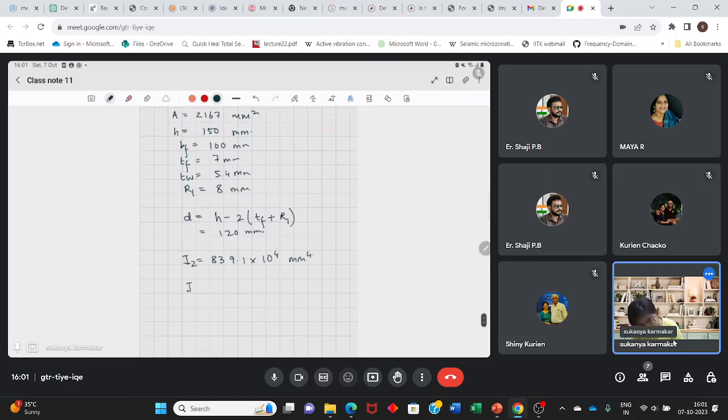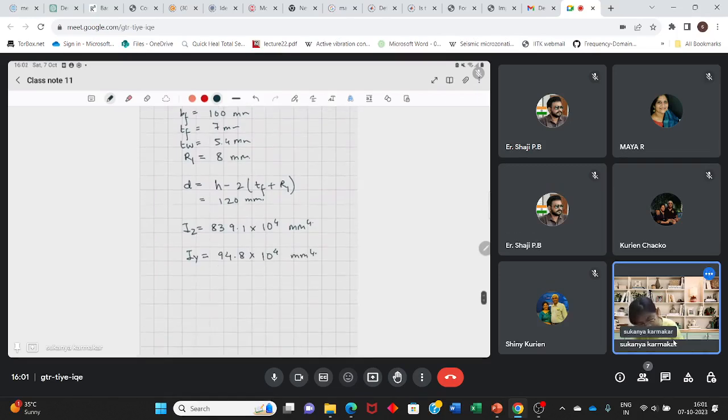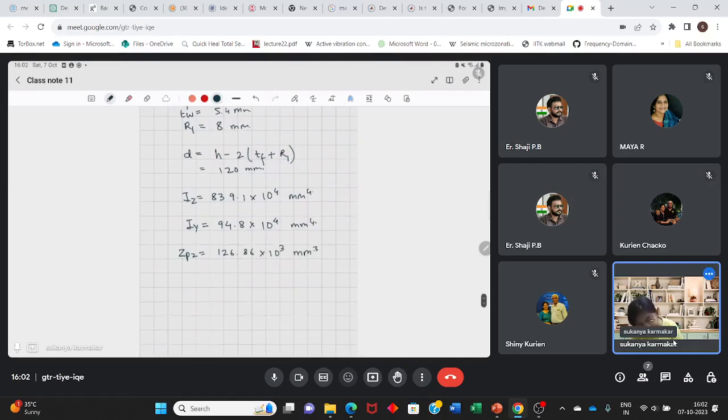Iy is 94.8 into 10 to the power 4 mm to the power 4. Zez is 126.86 into 10 to the power 3 mm cubed. ZPZ is 111.9 into 10 to the power 3 mm cubed.